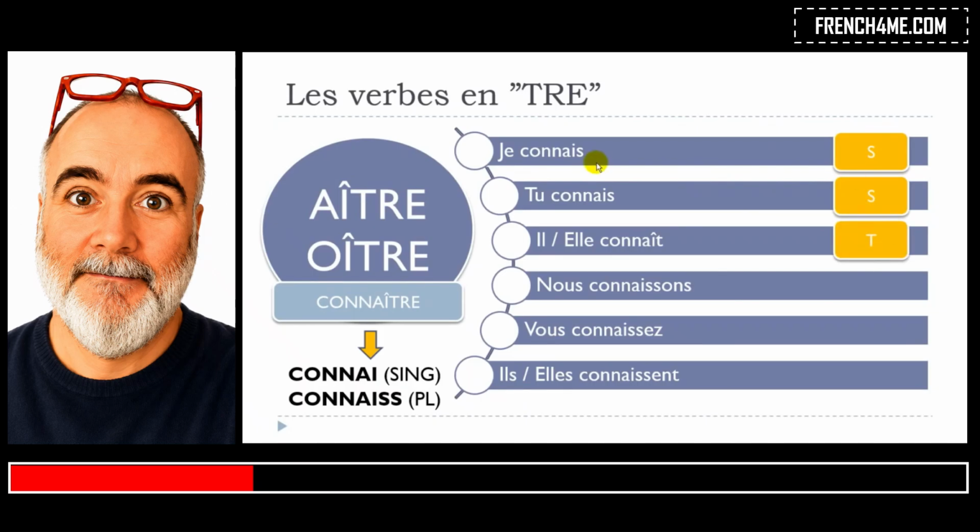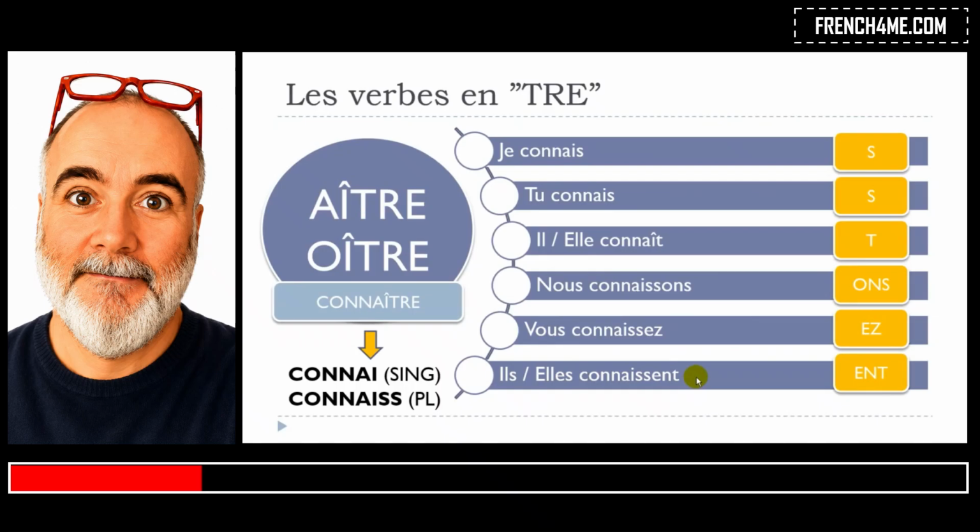And that's the reason why you will get je connais, tu connais, il connaît, elle connaît. And then keep in mind this little circumflex thing here. But then for the plural form, we've got a different stem, connaiss, and then the endings will be the same, ons as usual, ez and ent. So you will get the forms nous connaissons, vous connaissez, ils connaissent, elles connaissent.